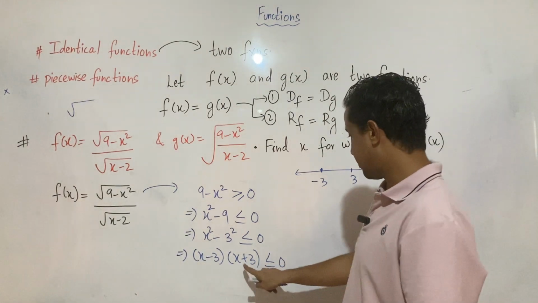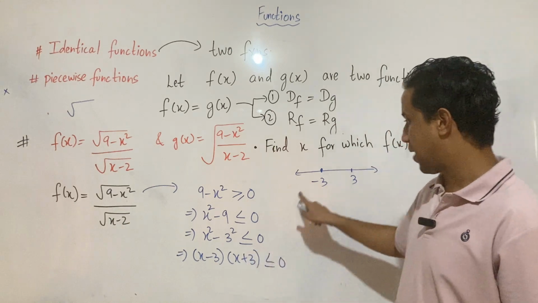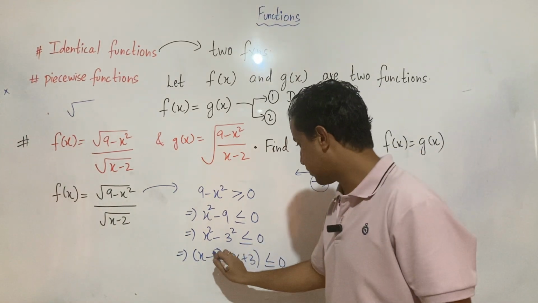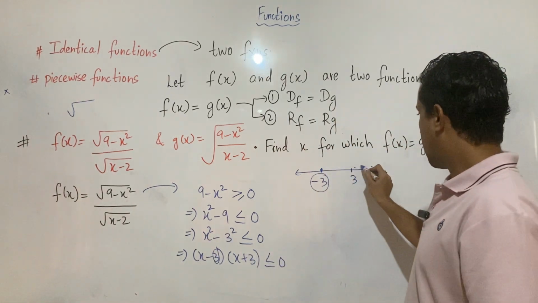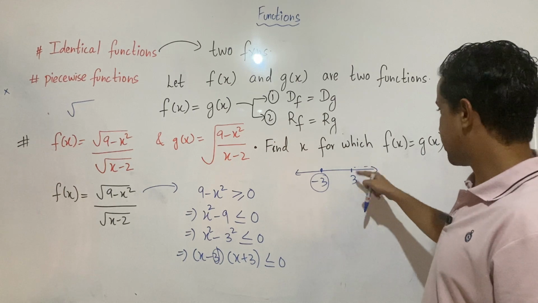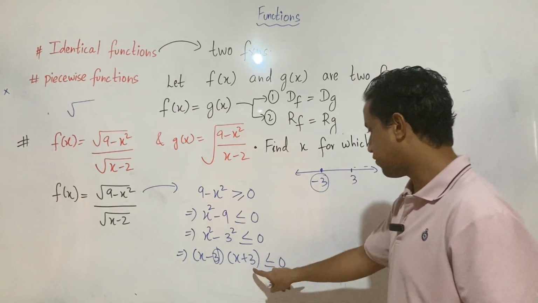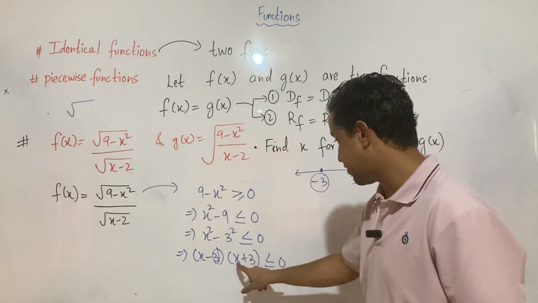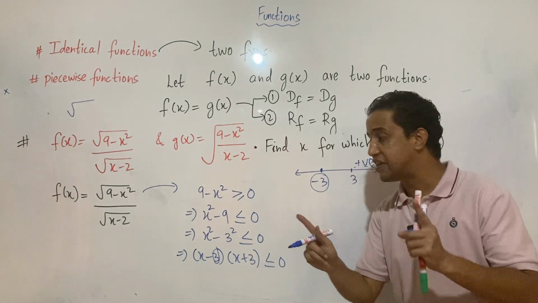These are the critical points, because x equals minus 3 and x equals 3 come from here. Now you can take any value in the interval 3 to infinity, let's say 4. If you put 4, this whole function is going to be positive, right? 4 minus 3 positive, 4 plus 3 positive. So here positive. Now you can apply the wavy curve method.